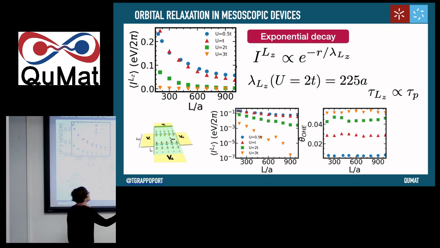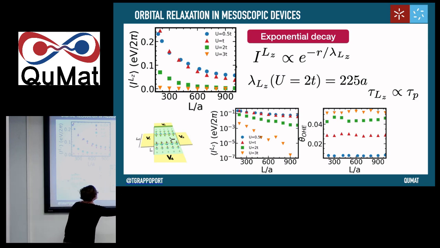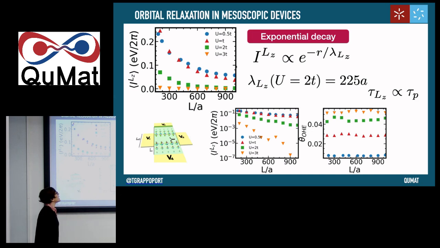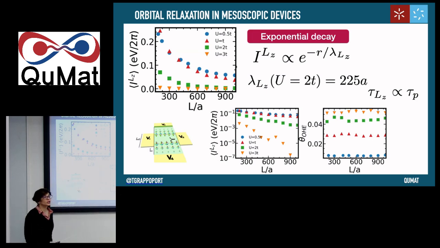This scenario is different from some other calculations on orbital relaxation times in a different system. So these are the first works trying to extract relaxation processes, relaxation times and lengths in orbitronics. So there's a huge interest.